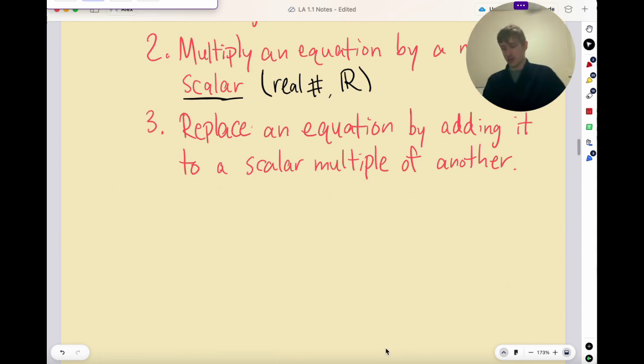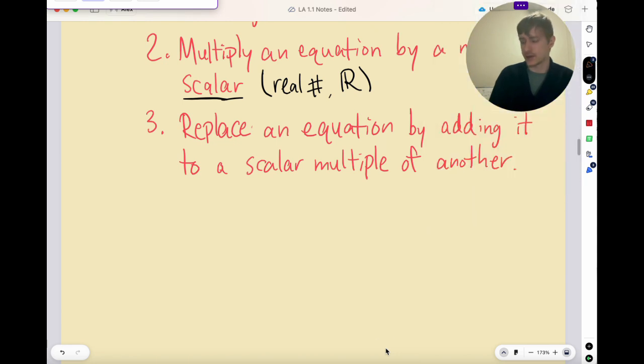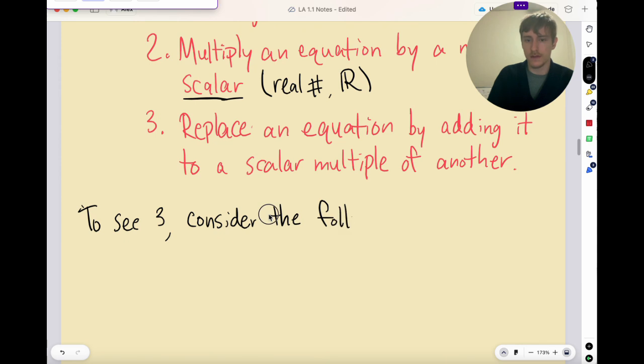So how on earth are we going to prove this? Well, I'm not going to prove 1 and 2. 1's obvious, and 2 you should do as an exercise. So really the only thing we're going to focus on is 3. So how are we going to see that 3 is true? Well, first things first, we have to consider the following equations.